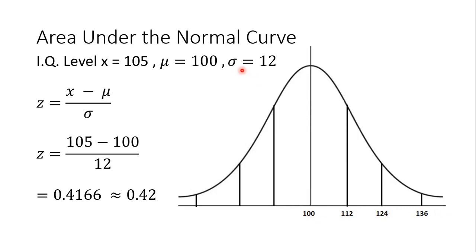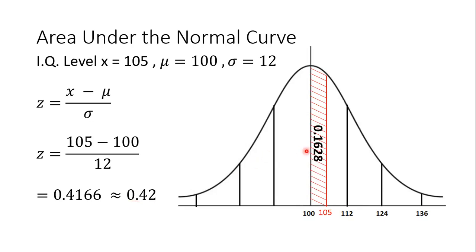So, our area is from 100 to 105. So, this is our two boundaries, 100 and 105. And then this is our concerned area. Since our Z-score is 0.42, by looking at the table, we can see that the area corresponding to 0.42 is 0.1628.